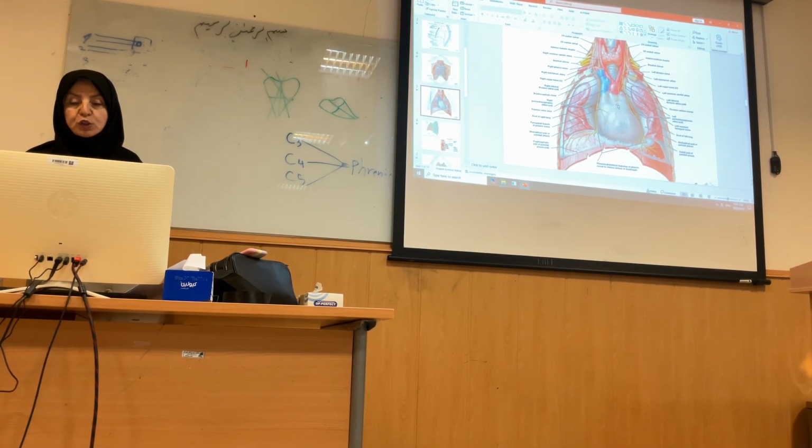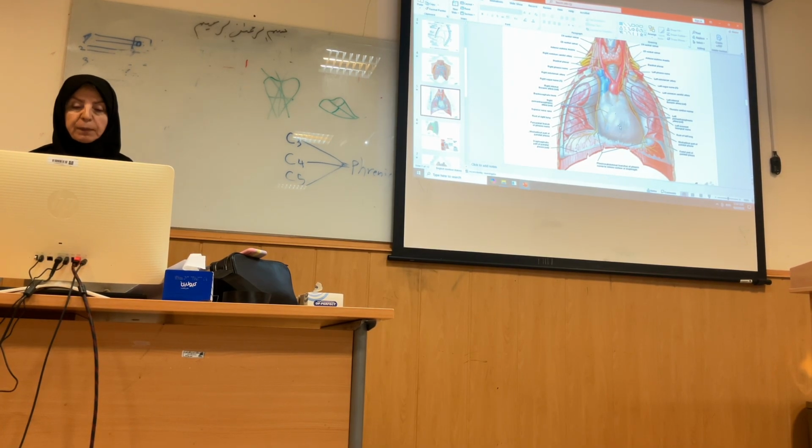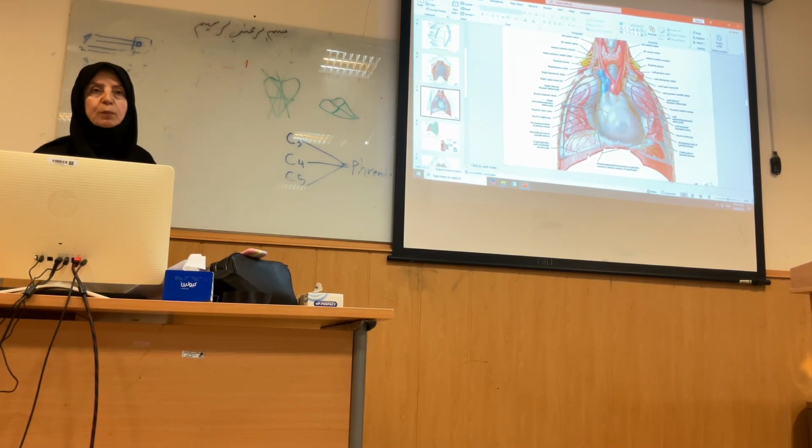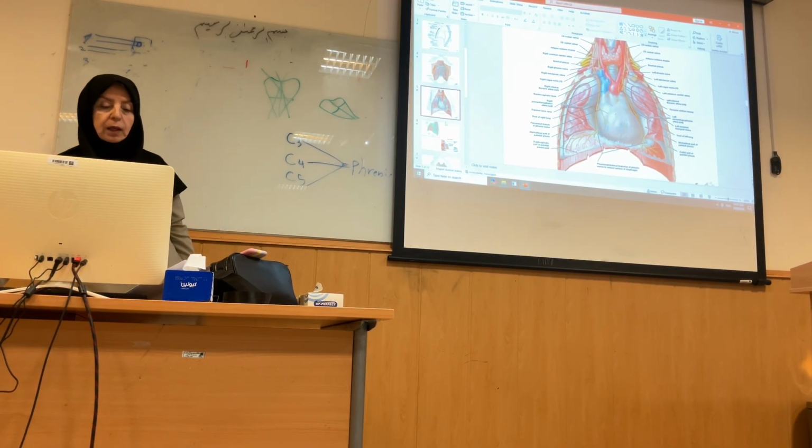When I show you the ascending aorta, some part of it is inside of the pericardium. So if I remove the pericardium, I will be able to show you the whole length of the vena cava superior and the whole length of the ascending aorta.